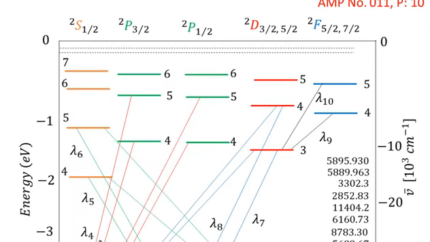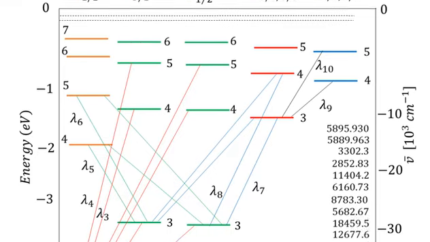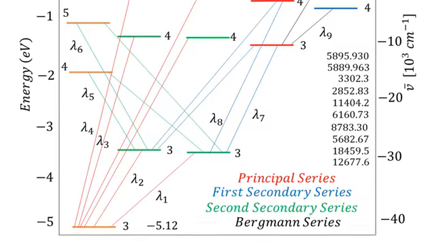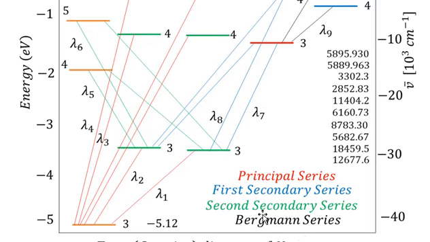Again, the transition should obey all values of n, but in particular it should obey delta L equal to plus or minus 1, and you can see that all the transitions are given with plus or minus 1 over here. Now I am going to talk about the principal series, represented in red.